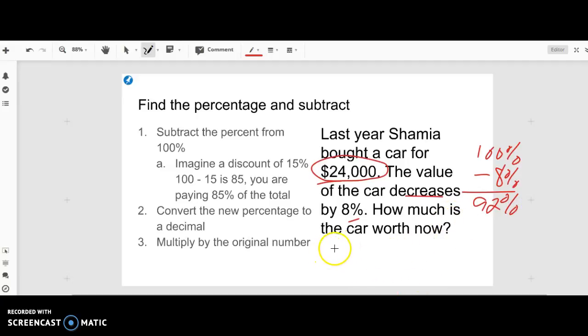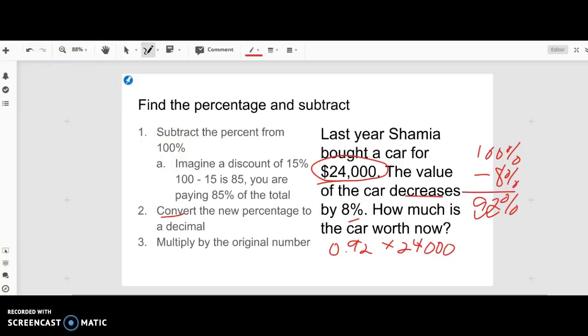So now that I have the new percentage, I'm going to convert to a decimal. So 92%, move the decimal 2 spots over, becomes 0.92. And then I'm going to multiply that by my 24,000. 24,000 times 0.92.